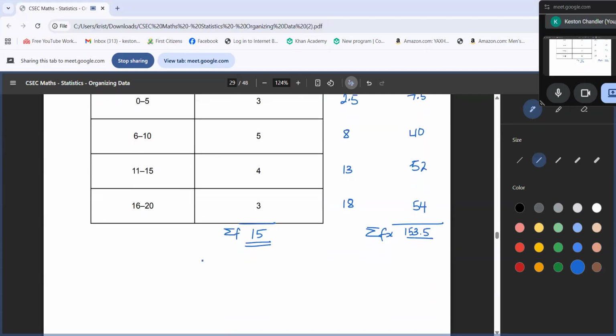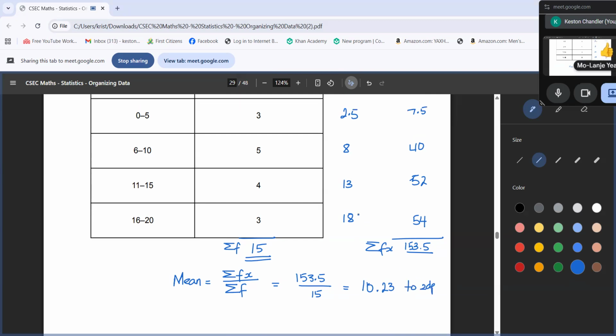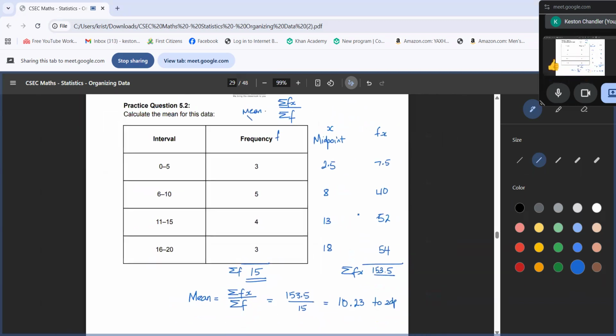So when we want to get a mean, and 10.23 for this one. Maybe a thumbs up if you got that. Right, so that's our solution for this particular question. Lovely.